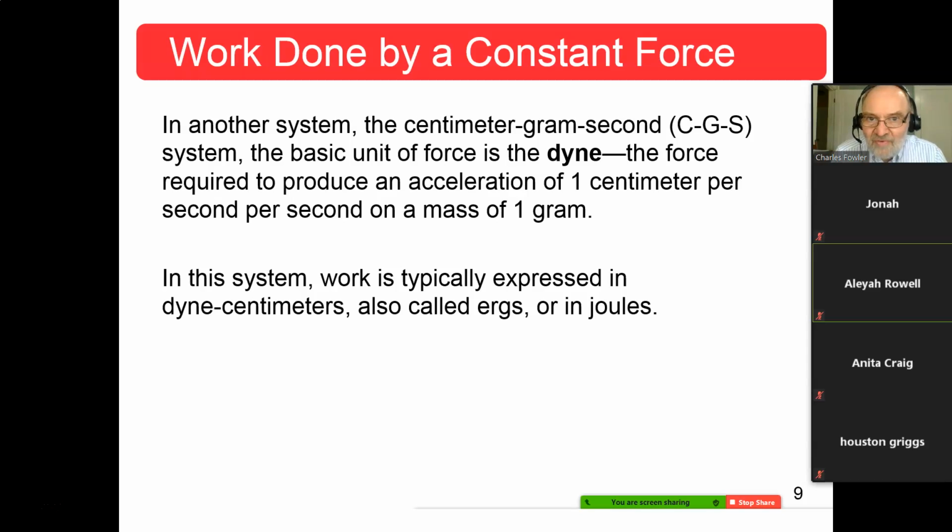In another system, the centimeter gram second system, the basic unit of force is a dyne. Okay, it's not used very much in physics anymore, but for smaller measurements, a dyne is a unit of force in the metric system, and a dyne centimeter is called an erg. Okay, so that's the energy measurement in the CGS system.